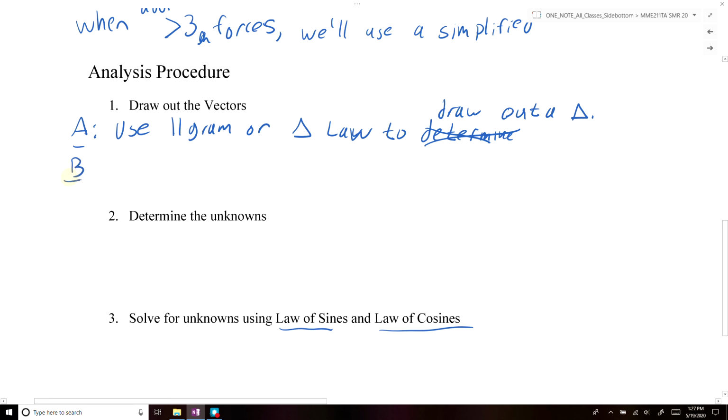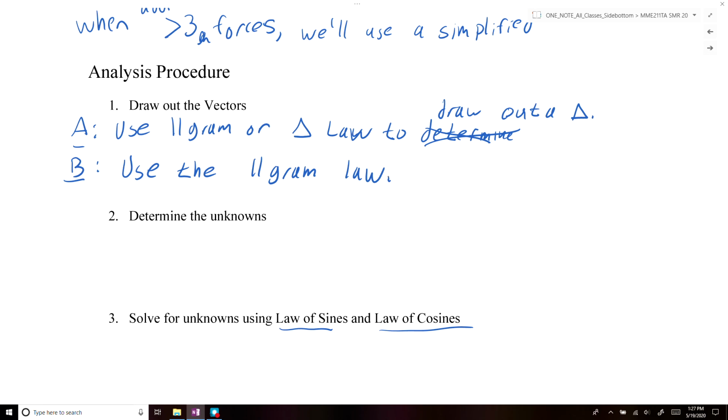And for the second type, when you're trying to find the components of a vector about a specific axis, you're going to use the parallelogram law. Once you have your triangle drawn out, you're going to determine what are the known and unknown.